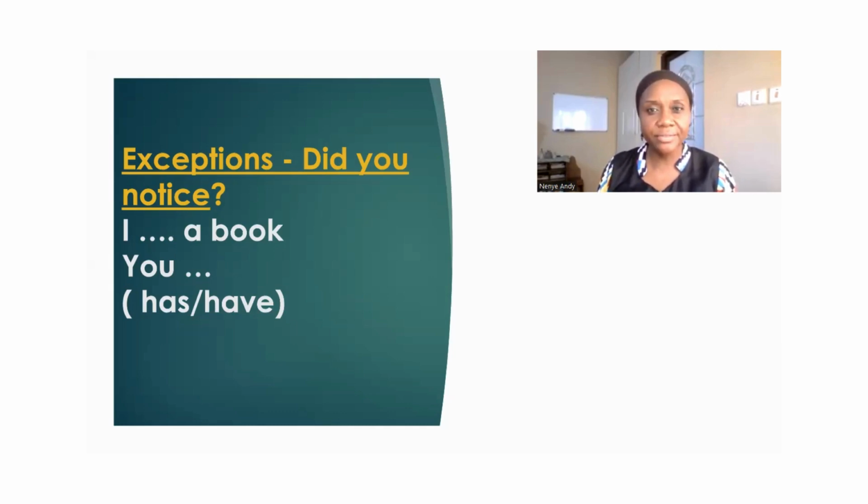I have. You have. So to make it easier, it's better for us to understand that apart from using have for plural subjects, we also use have for two extra pronouns, I and you.